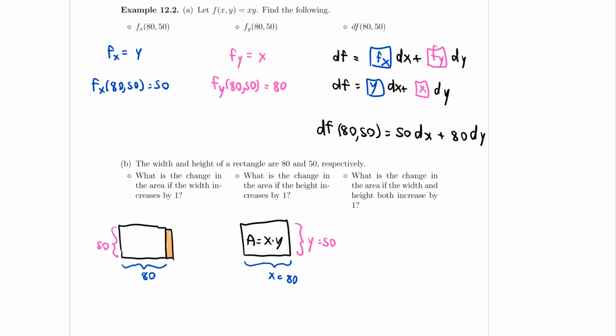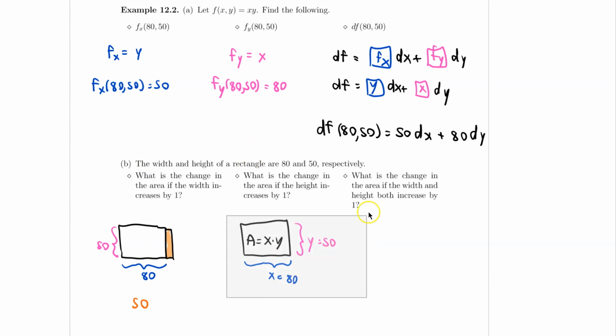So the change in the area here is just going to be 50. And that's what we have from earlier, and that's what the partial derivative with respect to x means. That's how fast my area changes with respect to x. If my x, which is the width here, goes up by 1, then the value of my function, which is the area, goes up by about 50.